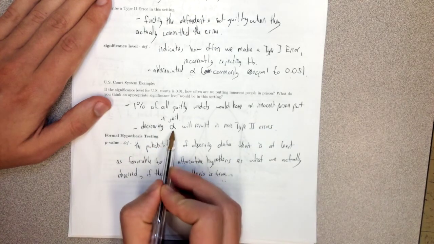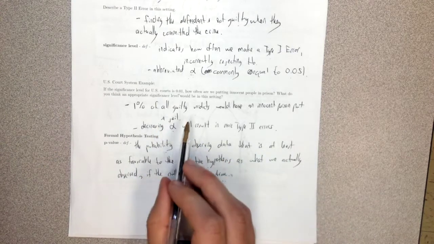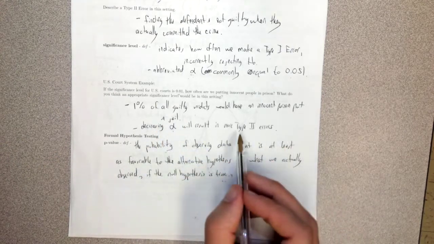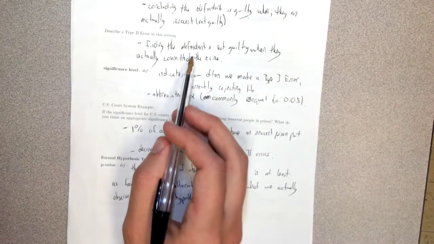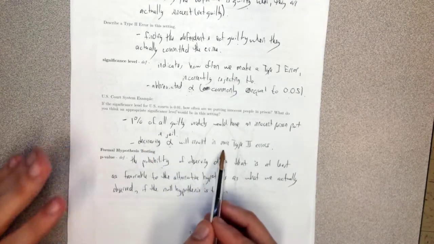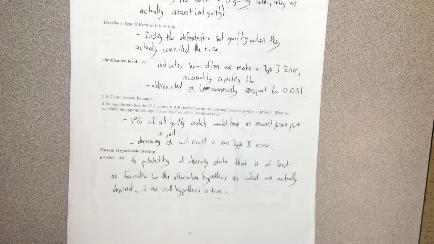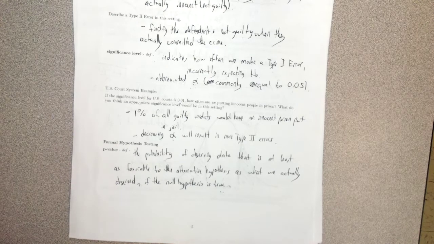So as you're decreasing alpha, you're putting fewer and fewer innocent people in prison, but just by definition, you're also making more of these type 2 errors, so you're letting people go when they actually did commit the crime. The purpose of this is to think about this as a trade-off between these two types of errors and what you set alpha as.